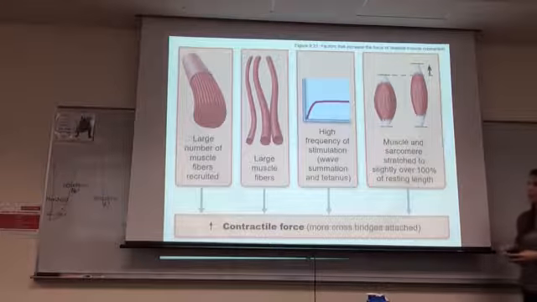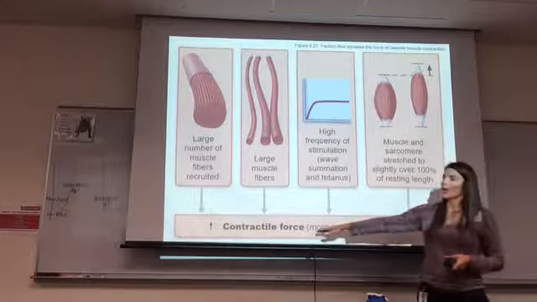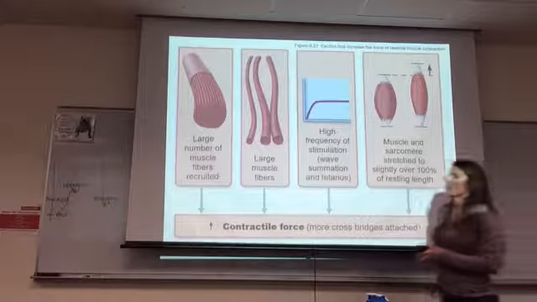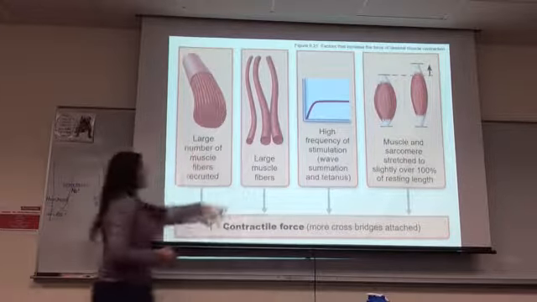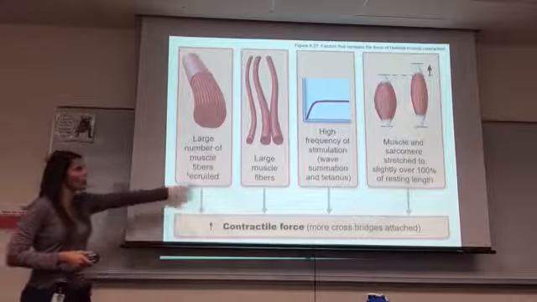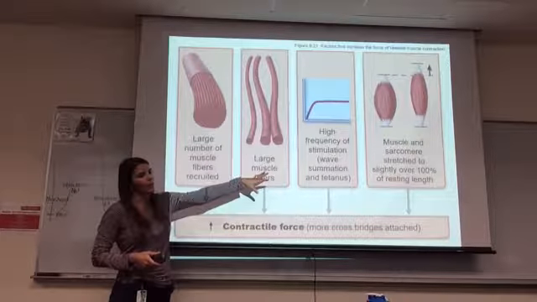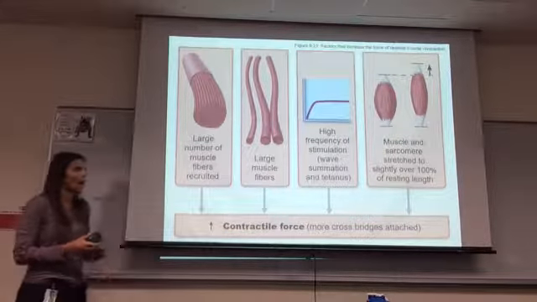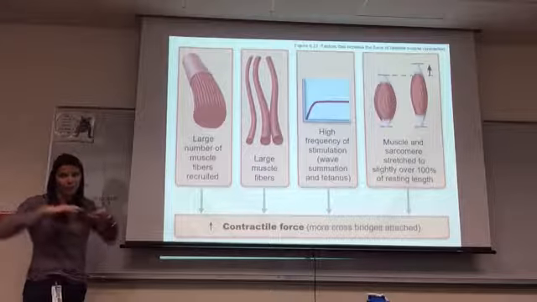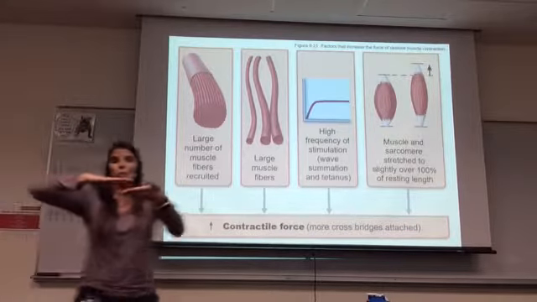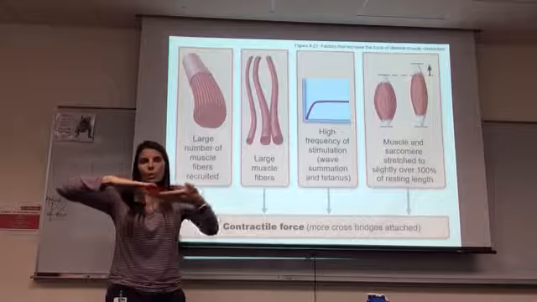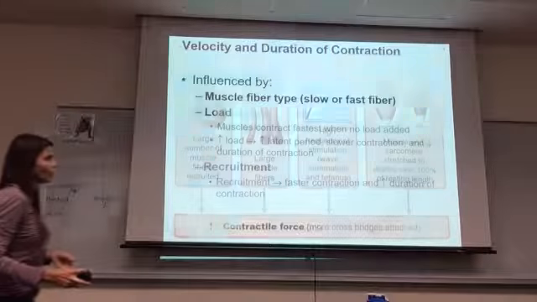That's all of this right here. So an increase in the contractile force of a muscle could be affected by the number of muscle fibers recruited, the size, the frequency of the stimulation, or how far the resting length is. So is it overlapped like this, or is it here? Like, where is it? What am I grabbing onto?